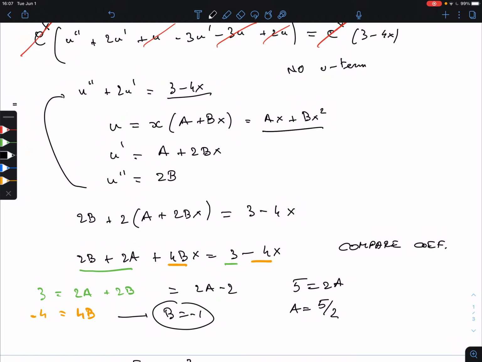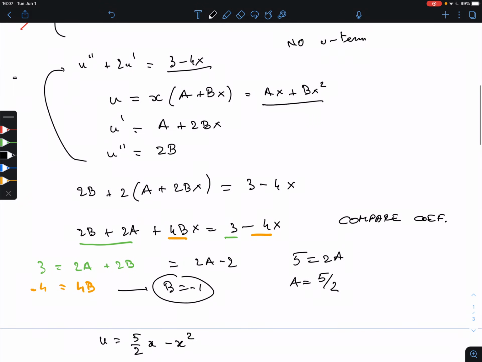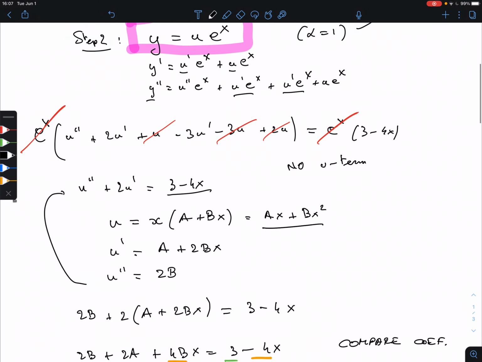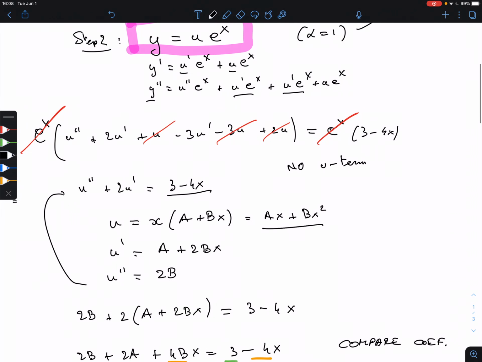Ax plus bx squared, so u prime is a. No, u prime, and then we plug it into the equation. Oh, I see. I was too quick here. There's another term here, so this is minus u prime.